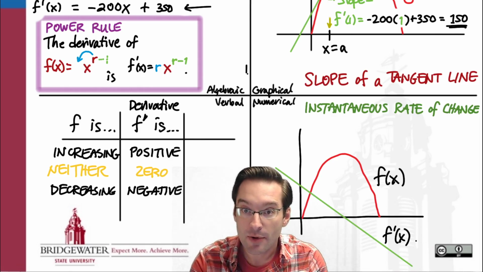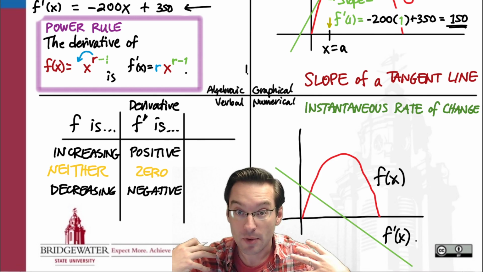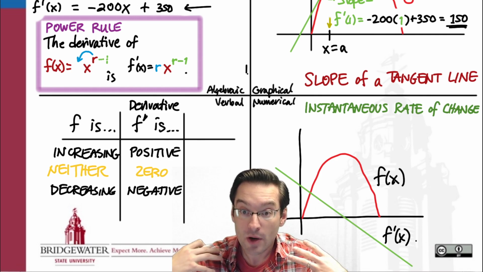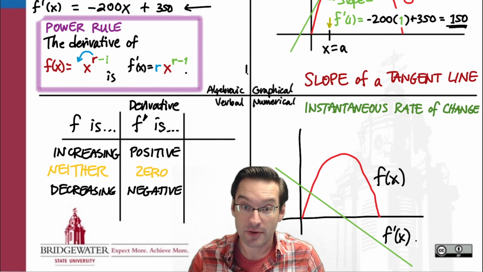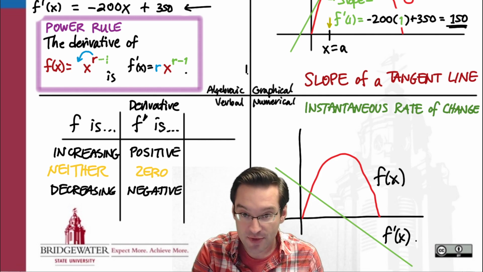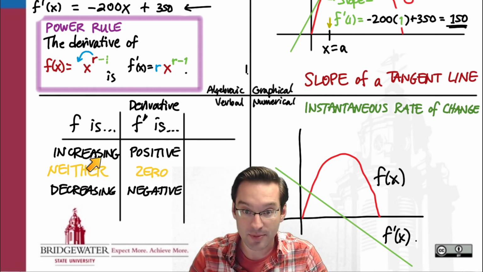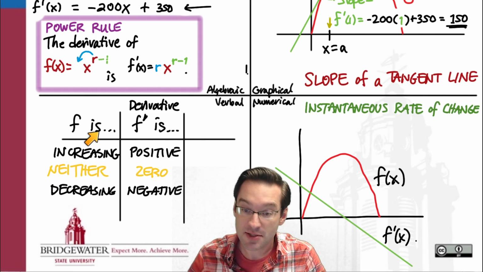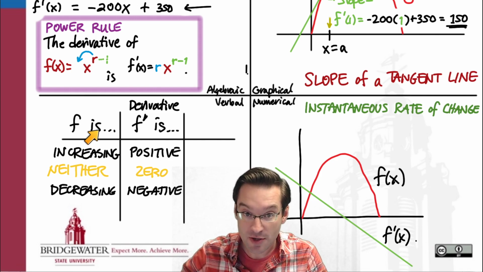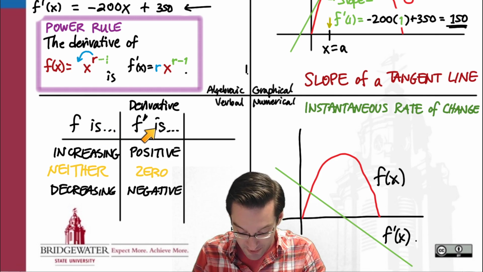The first thing to know is to recall what we talked about last week, which is what is the meaning of the derivative? Where does the derivative come from? And this table, which is my favorite thing ever to prescribe to calculus students, tells us how certain properties of a function are related to properties of its derivative.